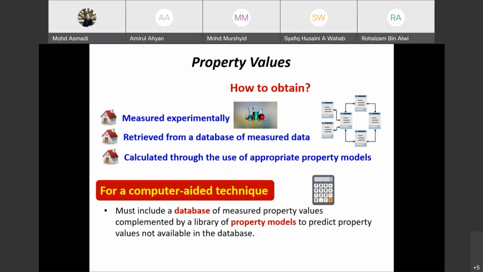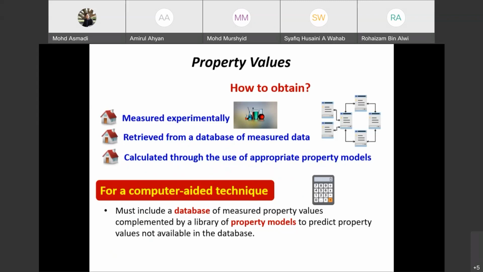If you have no information, for example you want to calculate thermodynamics. Even for designing the device, you may need information about kinetics, thermodynamics, as well as mass transfer and heat transfer.